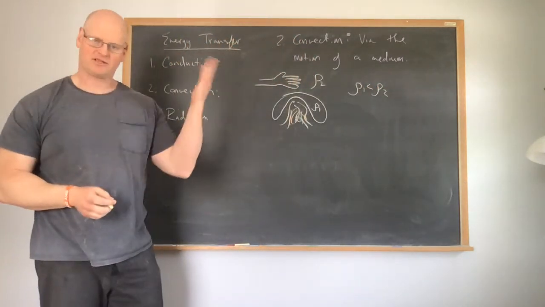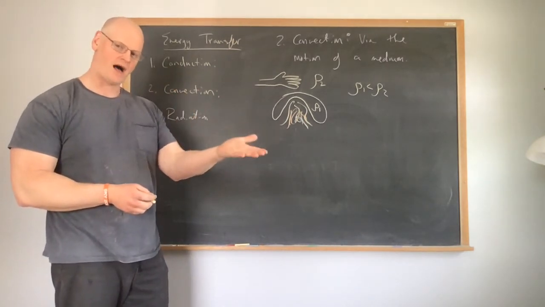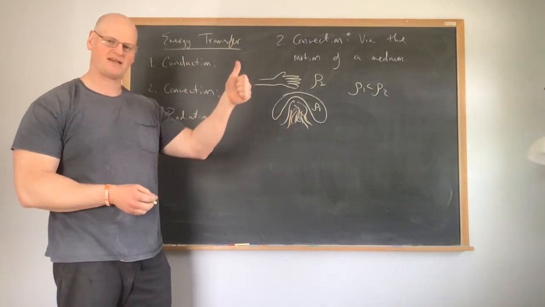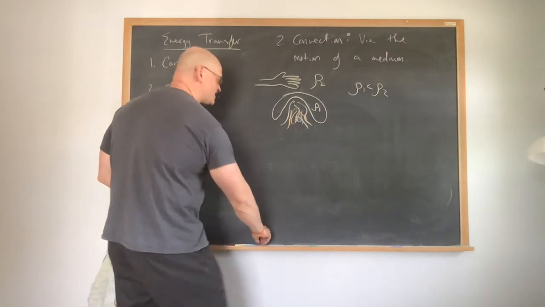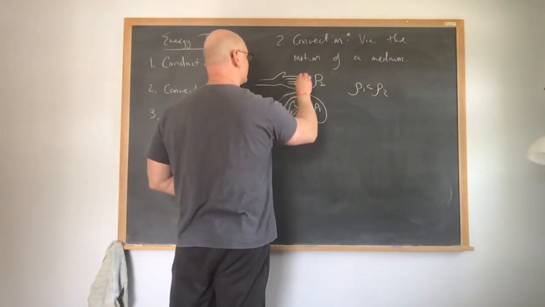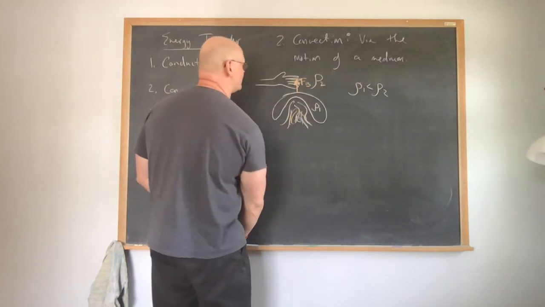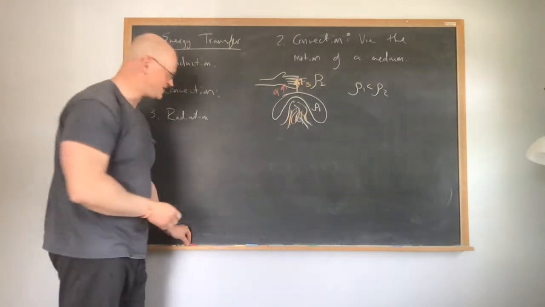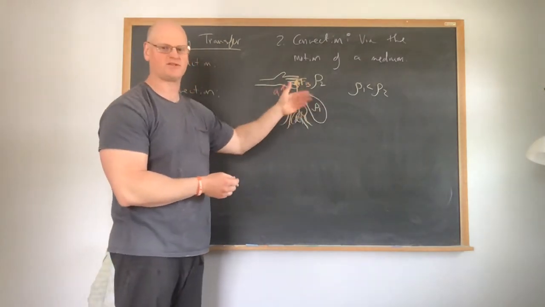And as we talked about last chapter, if I have an object of lower density in a fluid which has a higher density, that object has to accelerate upward because of the buoyant force. So this thing is going to have a buoyant force. That buoyant force is going to point upward, which means that this thing is going to ultimately accelerate upward.